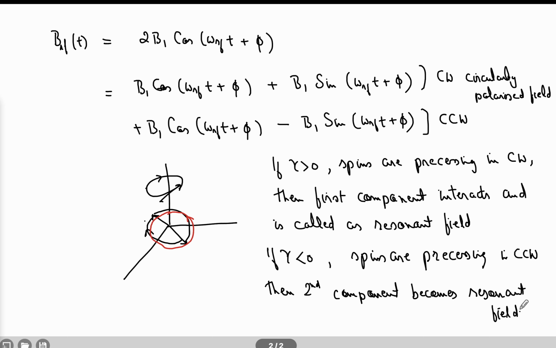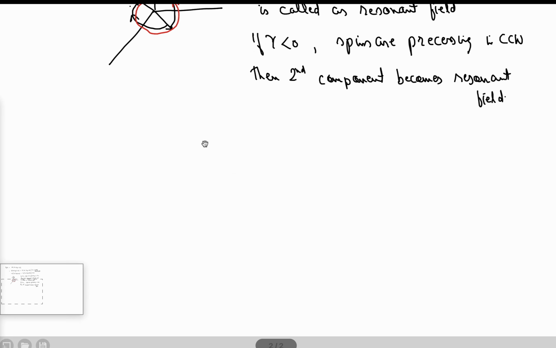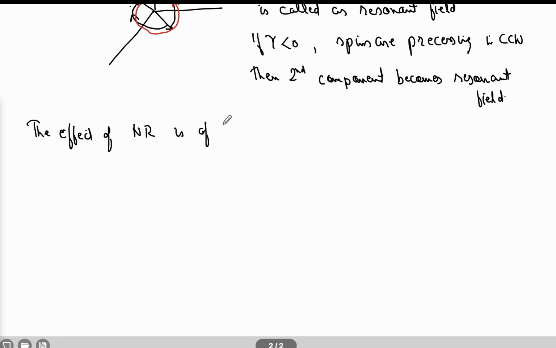Well, the leftover component, the non-resonant component, would affect the spins, but the effect is very, very small. The effect of the non-resonant component is of the order of (B1 / 2B0) whole squared. And this is a very small number.